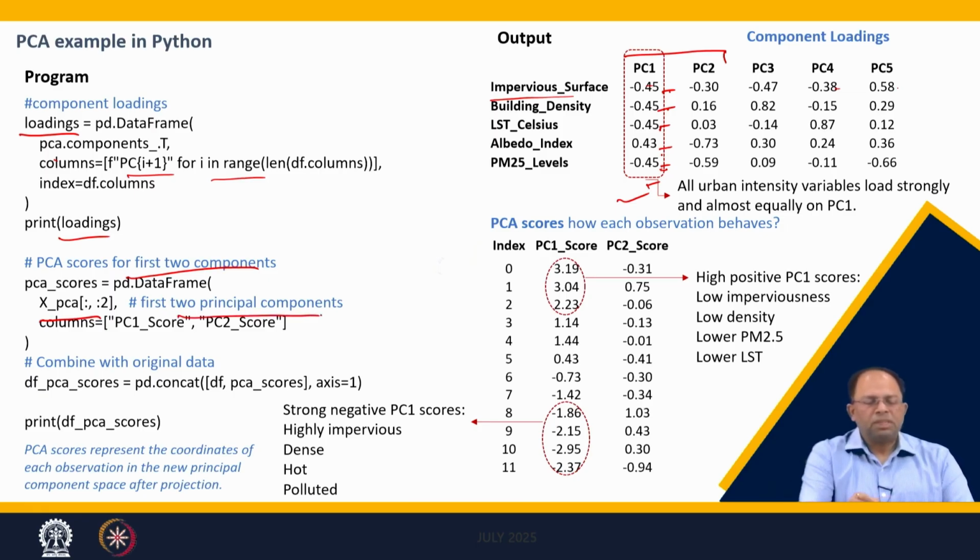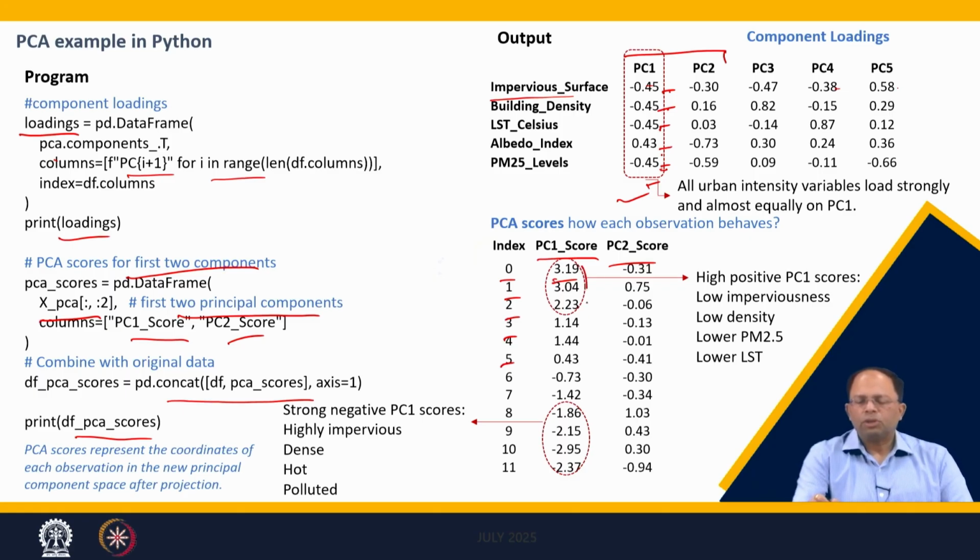That means the first two principal components are being taken, and we name these columns PC1 score and PC2 score. Then we combine it with the original data by concatenating, and printing df_PCA scores prints the entire thing. For each of the rows we can see the PC1 score and PC2 score, based on the component loadings.